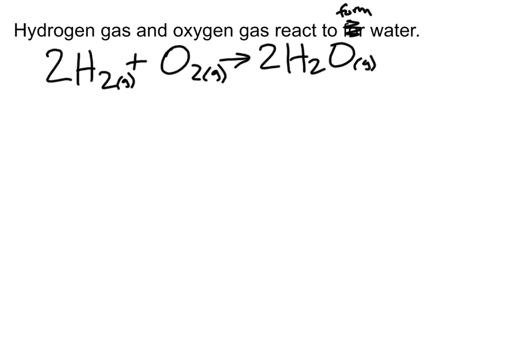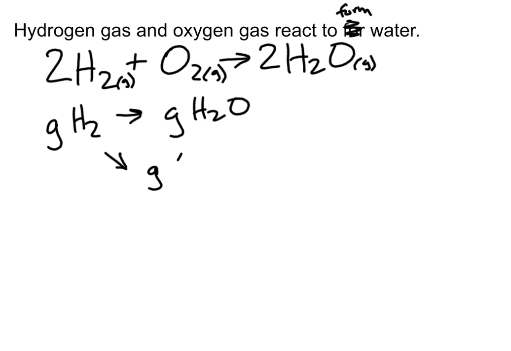If I was to do a normal stoichiometry problem, I can take the number of grams of H2, and you should be able to give me the number of grams of H2O. Or if I have that number of grams of H2, you should be able to tell me how many grams of O2 reacted with it. Or if I have grams of H2O, you should be able to tell me how many grams of O2 I needed to make it.